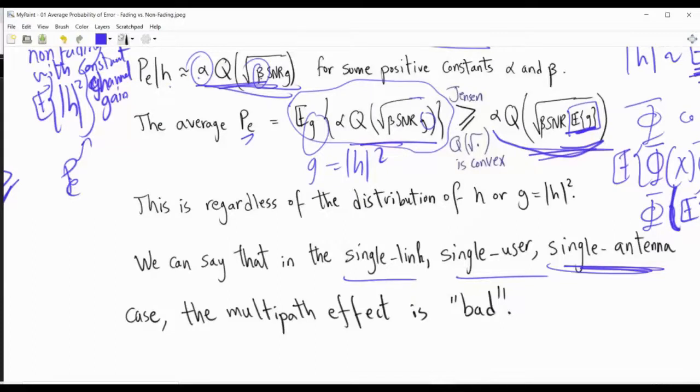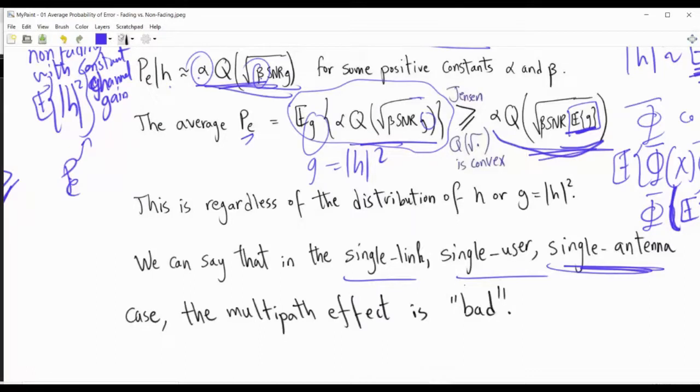The average probability of error, rather than decaying exponentially, will decay as 1 over SNR. But don't forget these things, because once you change the assumptions, if you have multiple users or multiple antennas, then the game will be different, and sometimes you can exploit fading to your advantage.